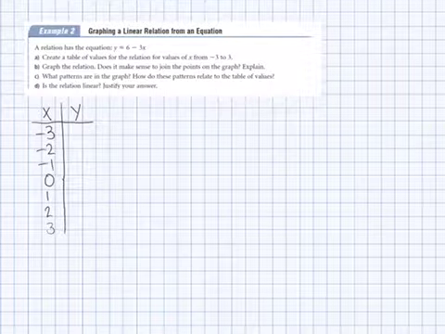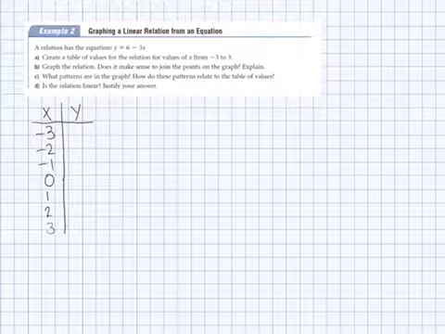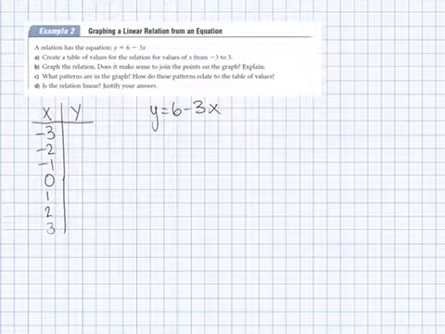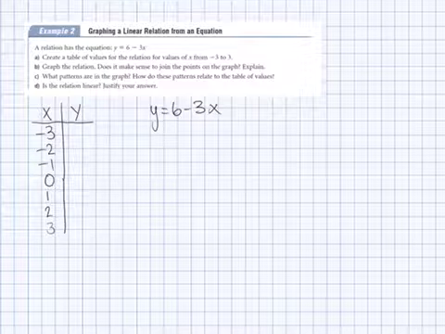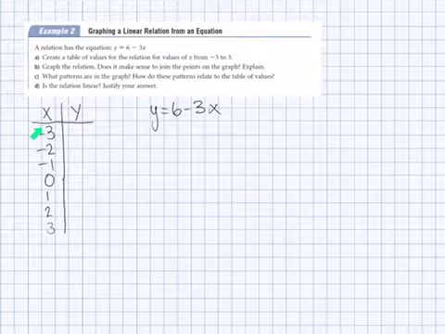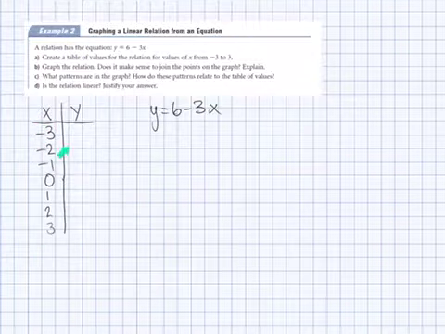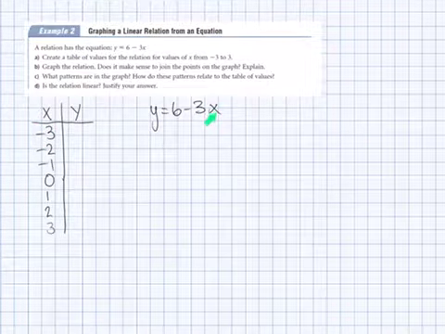Okay, it's given us the x values, and our job is to figure out the y values. So we look at this equation and do something we were doing in the last unit, which was called substitution. What this is saying is, if x is -3, what will y be? We need to take that -3 and plug it right into the equation.